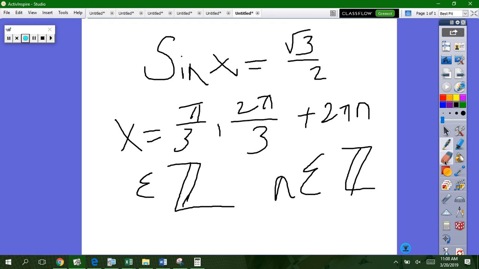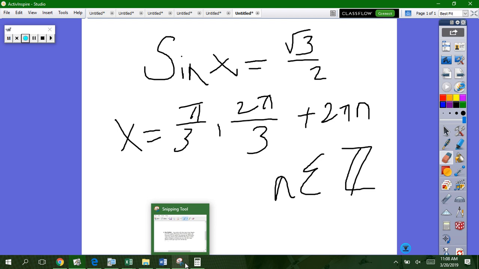Now the reason why this matters is, give me any integer out there. 7. What is 2 pi times 7? 14 pi. So that means I just went around the circle 7 times, right? Would I get answers by that if I added it to those? Sure. So therefore I can put any integer value I want in there, and that will allow me to have every possible solution there is.